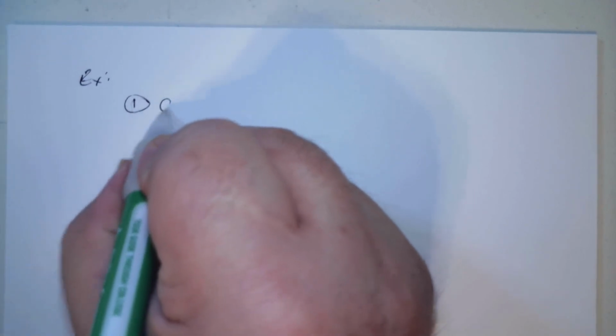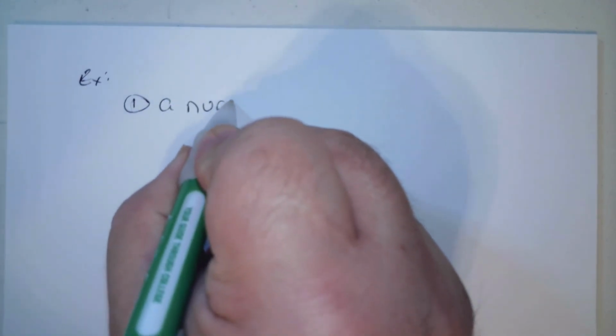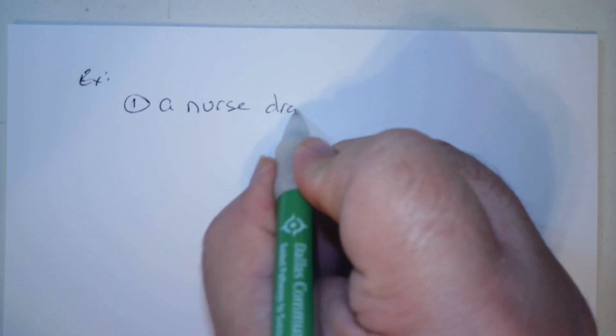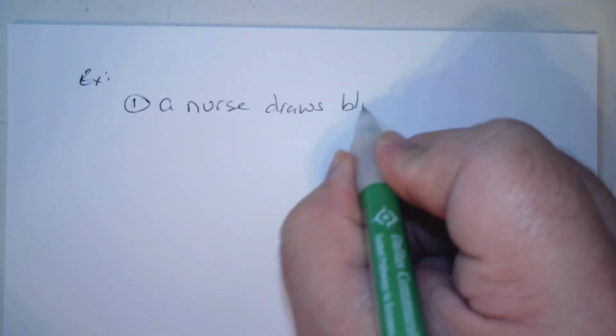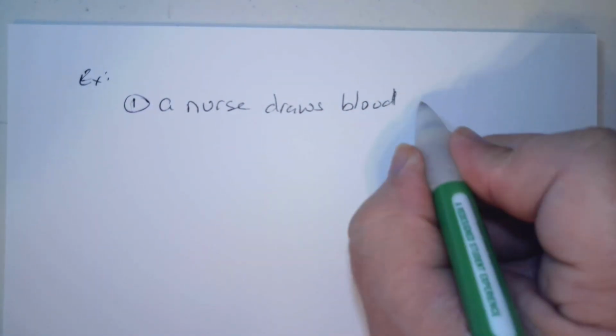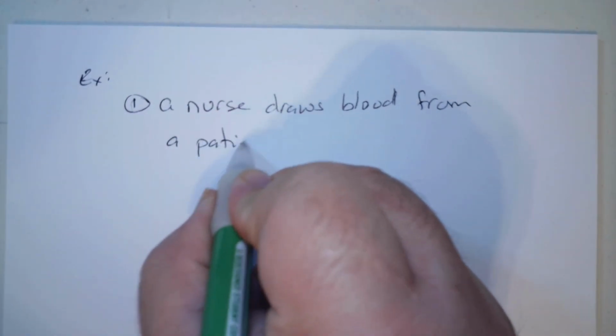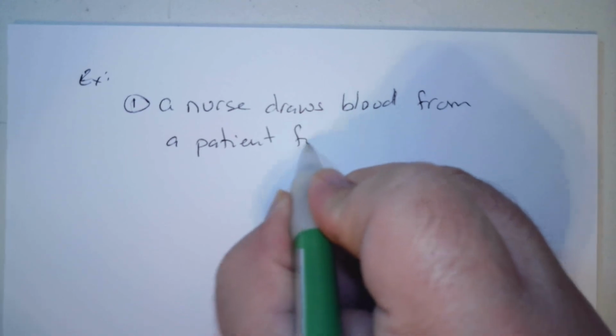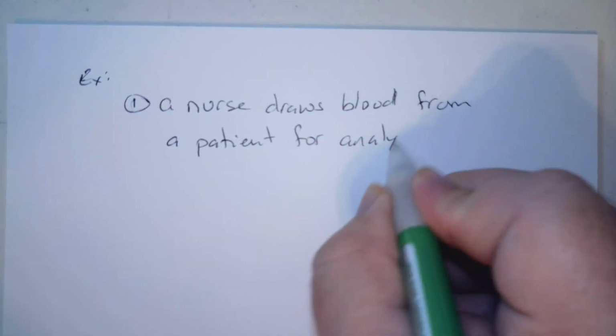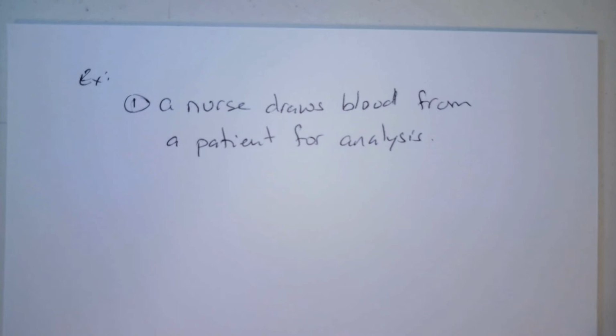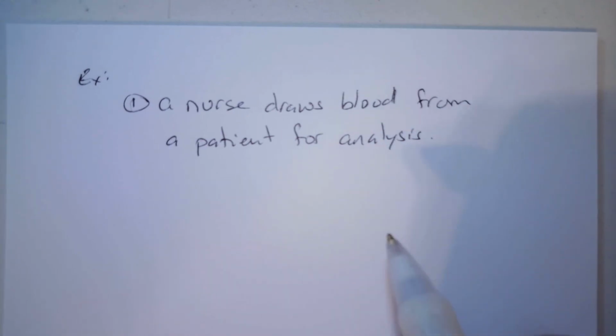Here are some examples. A nurse draws blood from a patient for analysis. How is that a valid collection of data?